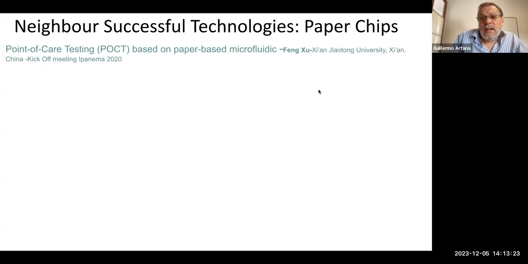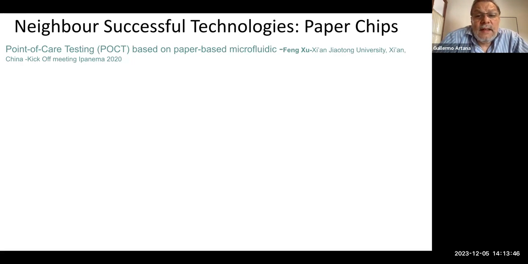So in this talk, I will be talking mainly about capillary networks, and I mentioned on the second slide that we also have some neighbor successful technologies: paper chips.